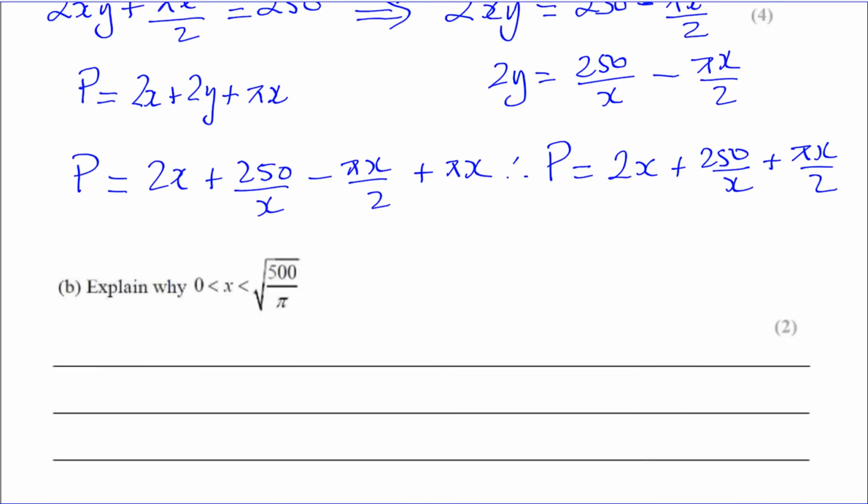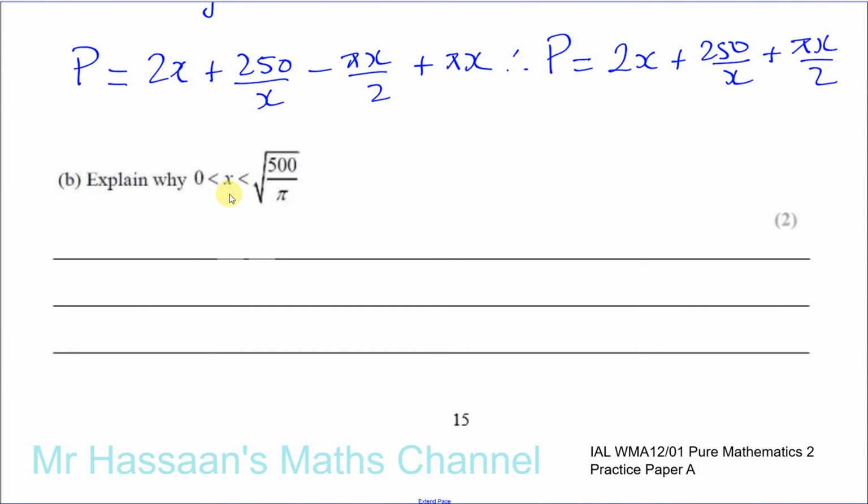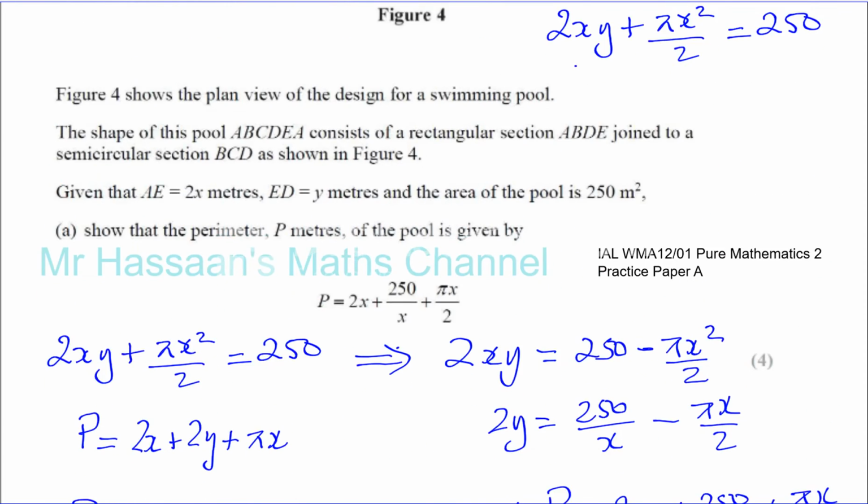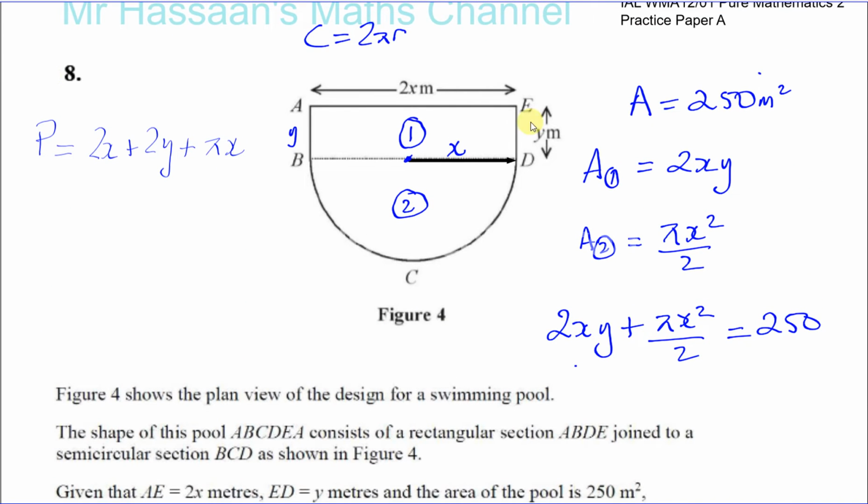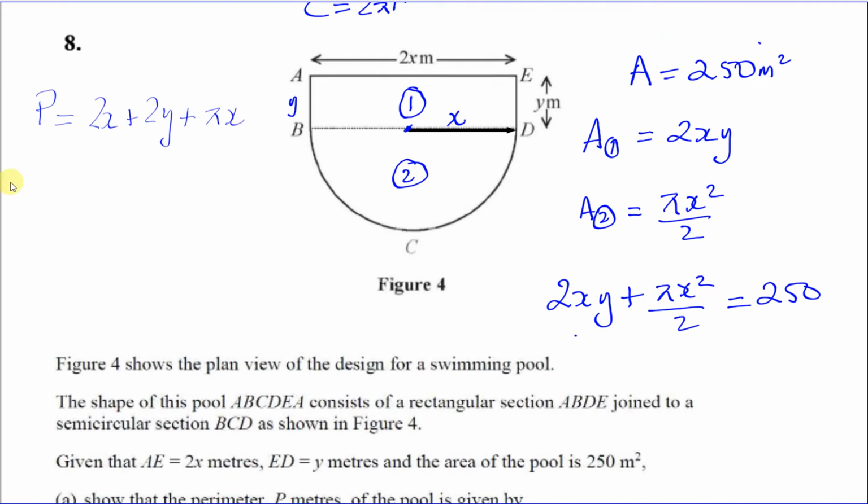Now part B says explain why x is more than 0 and less than the square root of 500 over pi. Now this is a bit of a strange type of question, but basically what we know is x and y are both lengths, and so they must always be greater than 0, otherwise you won't have anything, right?